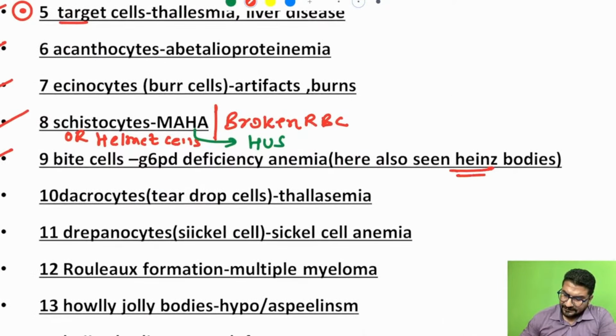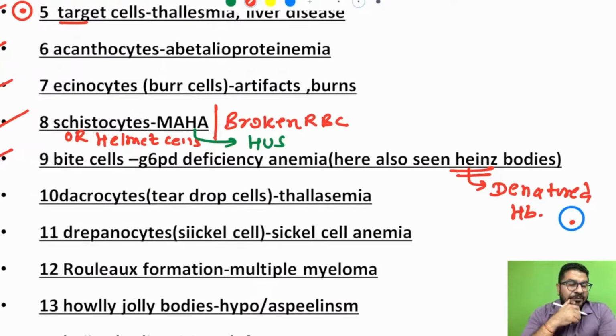So Heinz bodies are nothing but bodies inside which you will find a red color pigment. So denatured hemoglobin means such cells will have red color bodies inside.